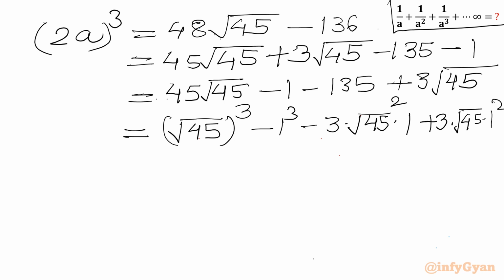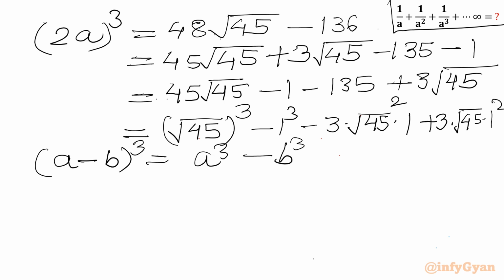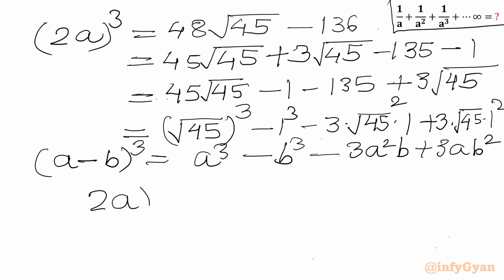So RHS is recalling one identity, a minus b whole cube. This will become a cube minus b cube minus 3a square b plus 3ab square. So I can write 2a whole cube will be equal to root 45 minus 1 whole cube.